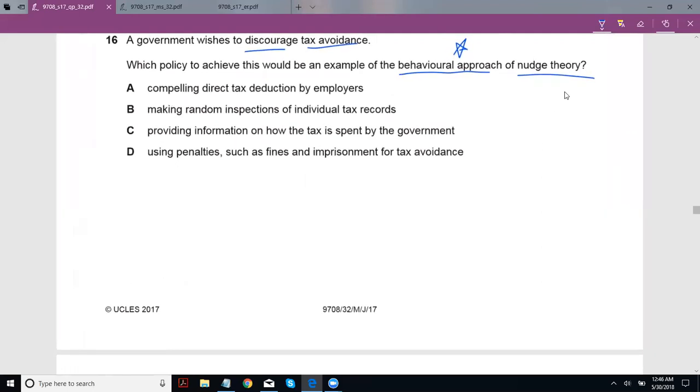So let's look at the options. Compelling direct tax deduction by employers.